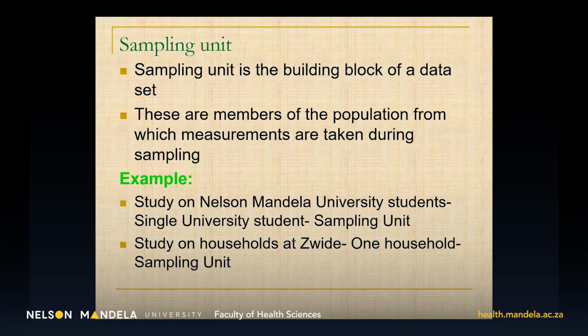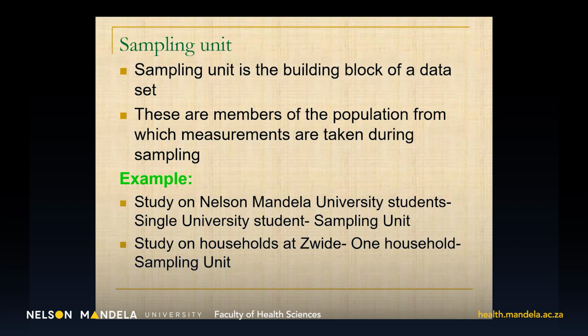Now, a student is interested in studying Nelson Mandela University students with respect to what they do on a Friday after a long week's work, a Friday evening. So you're looking at Nelson Mandela University students. So you've got a big number of Nelson Mandela University students.